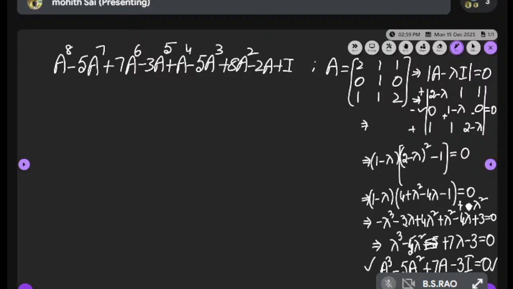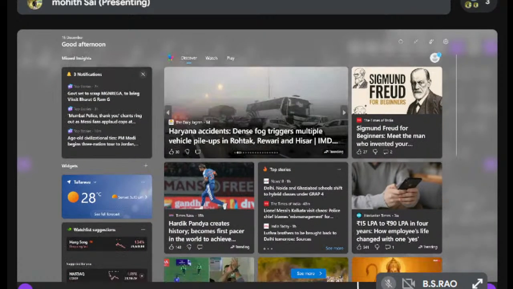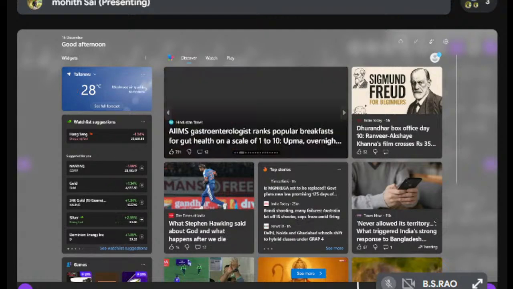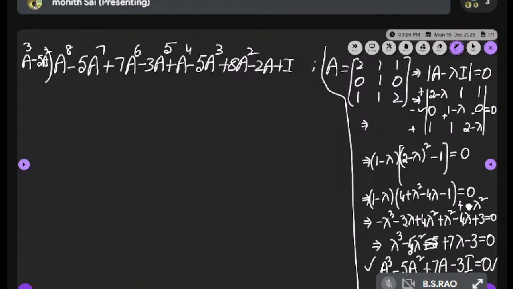That matrix polynomial divided with A cube minus 5A square plus 7A minus 3I.